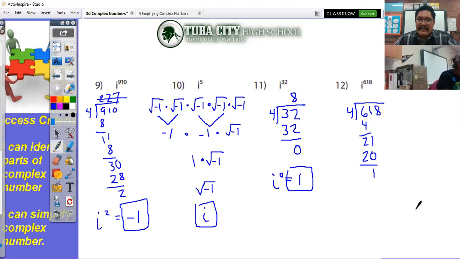I'm doing this one a little bit differently because I keep telling people that these top numbers are not that important, so I'm just doing it without the top numbers. If you really want to, you can put them in there. 4 goes into 6 one time, goes in there 5 times, and it goes in here 4 times. But again, we don't want the television today, we want the box.